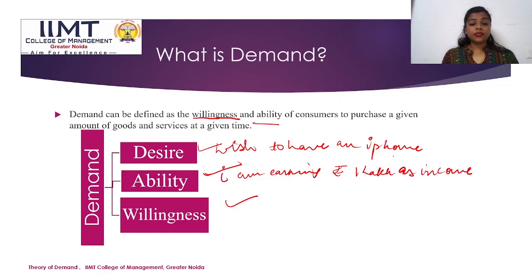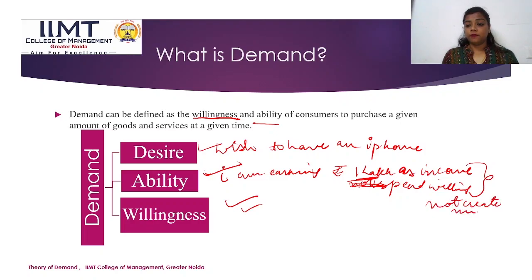So, this means that my wish is to acquire an iPhone and I am earning rupees 1 lakh as income. But if I am not willing to spend this 1 lakh, then this will not create my demand.